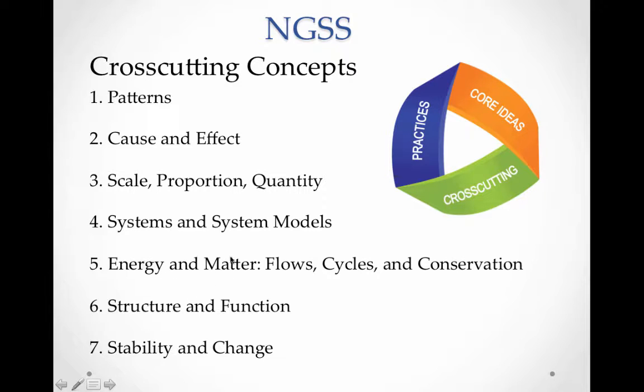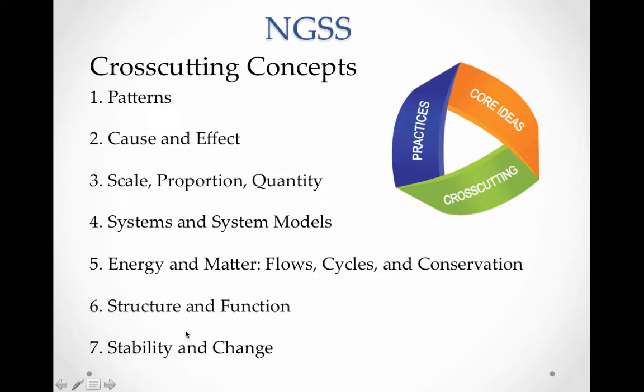Energy and matter are interchangeable, but the common elements of energy and matter are that there are energy flows, there are cycles in a lot of the systems, and there's this concept of conservation of energy that's so critical throughout science. When we analyze systems, we often are analyzing systems or entities by their structure and function.